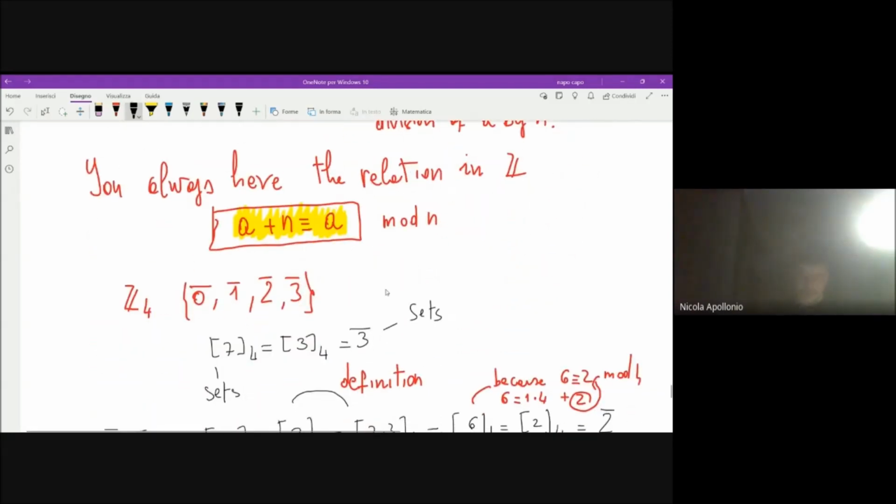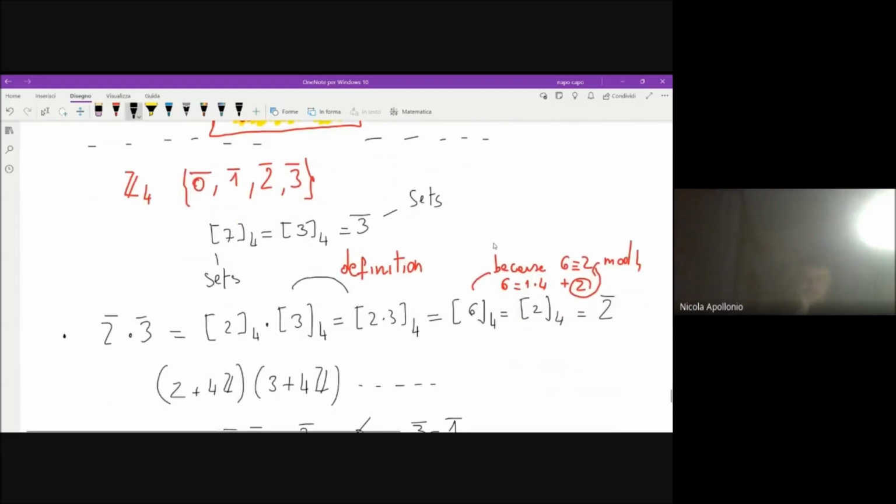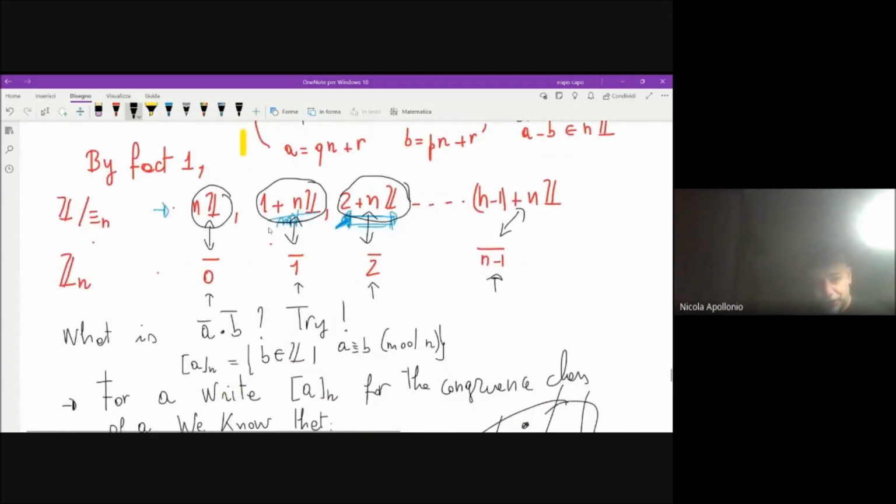Now let us do some experiments, because otherwise it can be really tough. For instance, what is the class of 7 modulo 4? This is the same class as 3 modulo 4, which is 3 bar in the explicit notation of the quotient.